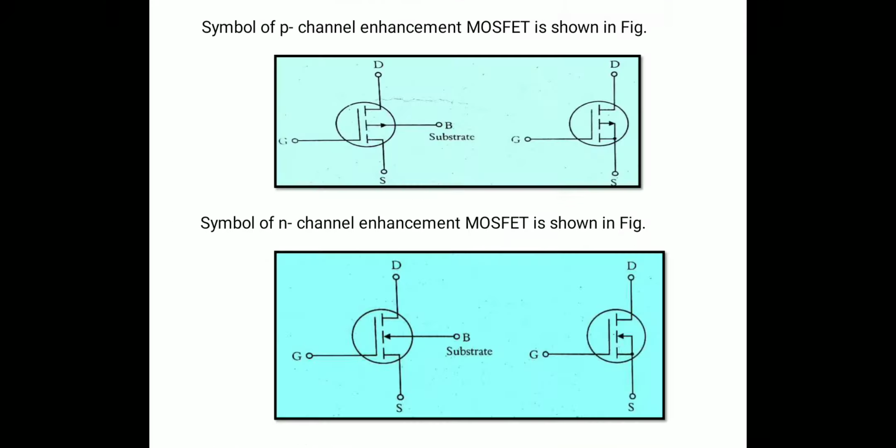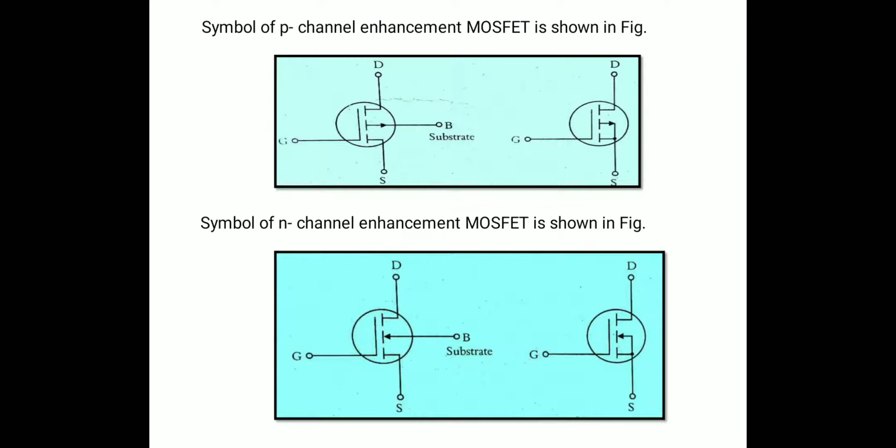Now, the symbol of MOSFET. The symbol of the P channel enhancement MOSFET is shown in the figure, and the N channel enhancement MOSFET is also shown. An arrow on the substrate pointing away from the channel represents a P channel enhancement MOSFET, and an arrow pointing towards the channel represents an N channel enhancement MOSFET.